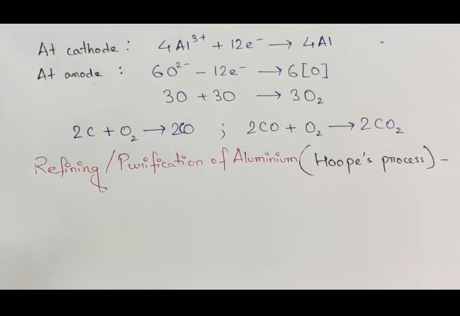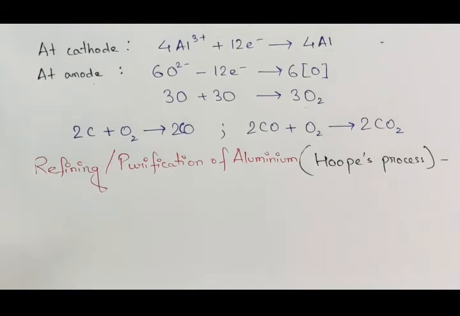The impure molten aluminium forms the bottom layer which has the carbon lining, and that carbon lining acts as the anode, and the pure molten aluminium with the carbon electrodes acts as the cathode and is placed at the top. The middle layer consists of a mixture of fluorides of sodium, barium and aluminium.